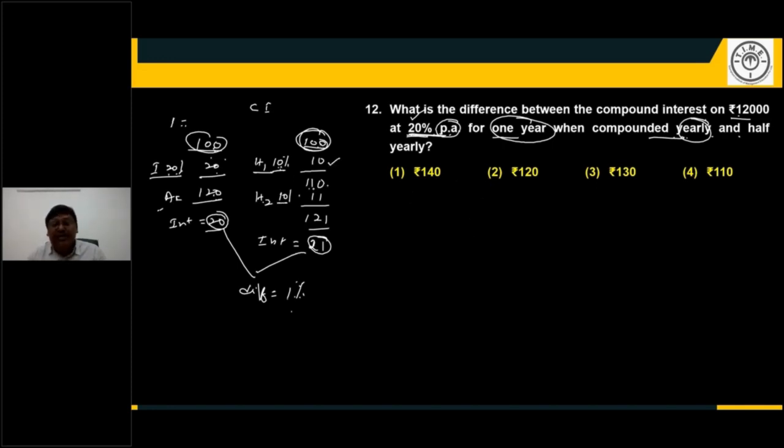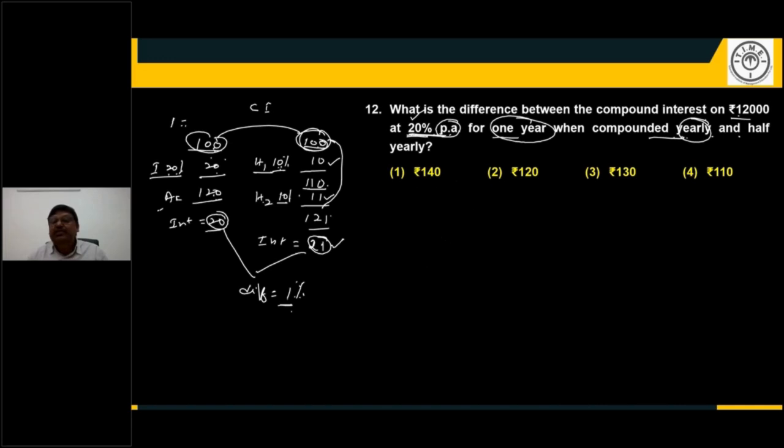Second half year it is 10% on this 110, because interest is added on in compound interest, you know. 10% of 110 is 11, it becomes 121. 100 is becoming 121, so the interest portion is 21. So interest is 21 rupees here per 100. Interest is 20 otherwise, so the difference is 1 per 100. Per 100 means 1%. So the difference is 1% here.